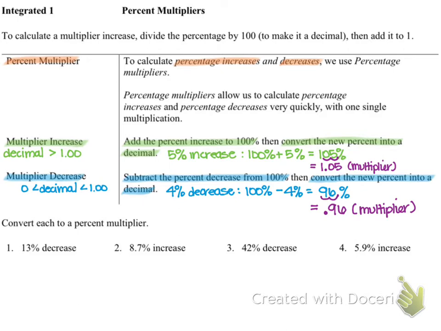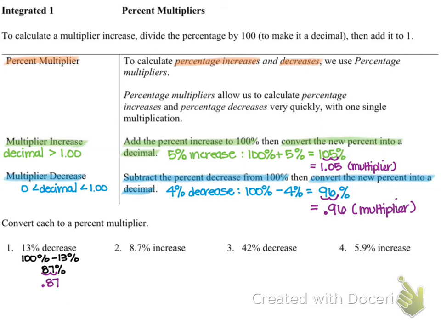So here we have a decrease. All right, so I'm going to start with 100%, and I am going to decrease it by the percent that was given to me. If I subtract those, it gives me 87%. Find the decimal point, and we're going to move it 2 to the left. So this is going to give us 0.87.